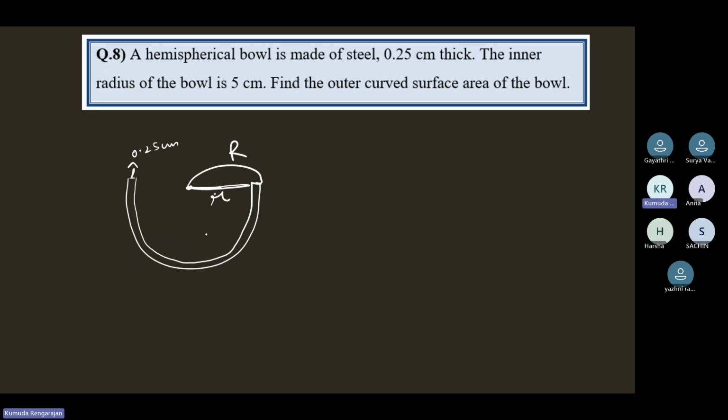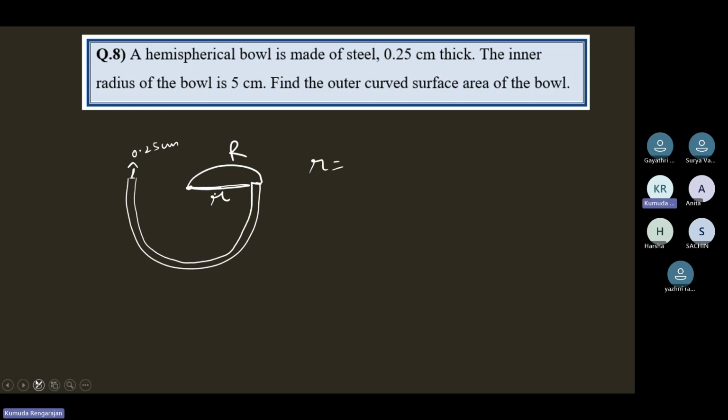If the material is very thin, both the radii, small r and capital R, will have the same value. If the material is thick, then you'll have different values for the two radii.